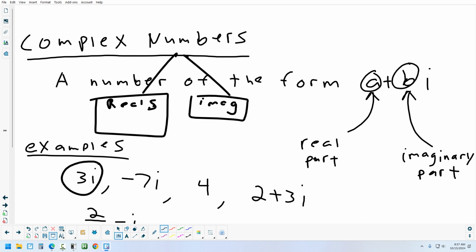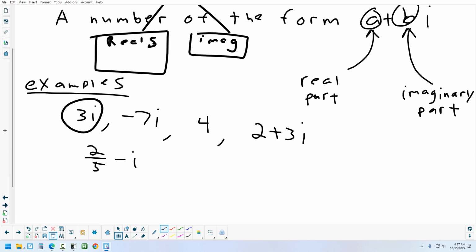Okay, so complex numbers are broken down into 2 parts, a real part and an imaginary part. If something doesn't have a real part, like -7i and 3i, those 2 are called pure imaginary numbers. When the real part of a number is 0, that's a pure imaginary number.